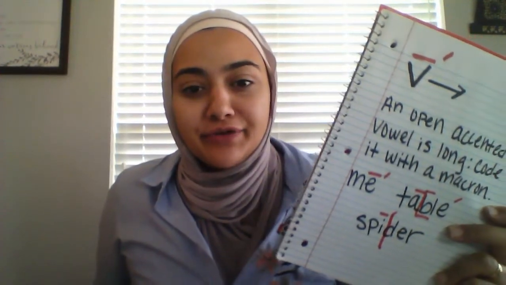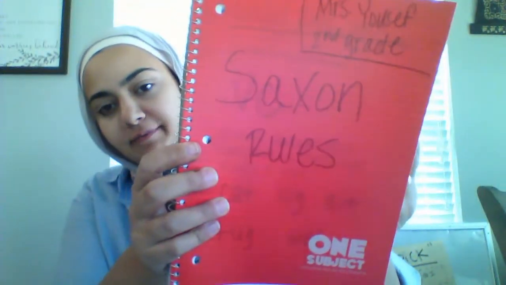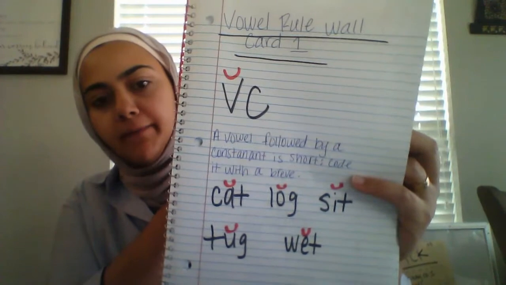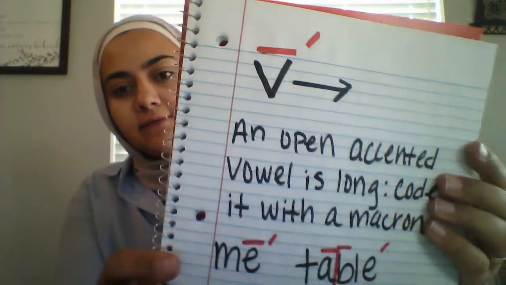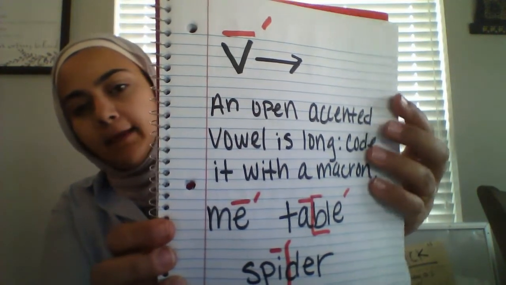That's going to look like this. All right, so this is your new vowel card. I need you to write this down in your notebook that you made. That's called Saxon Rules. Remember, I asked you to make a notebook. Our first rule was the VC vowel rule card number 1. And this is our next vowel rule card, which is V, stands for vowel. And that's a macron.